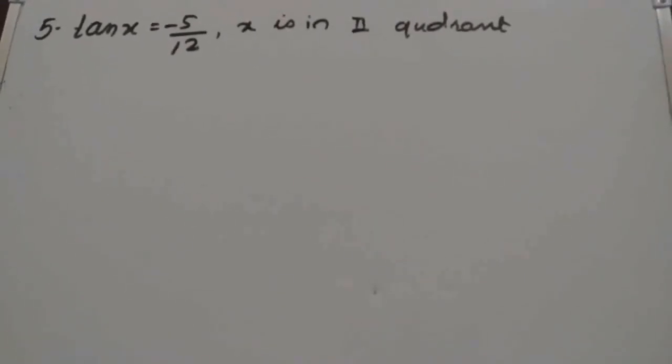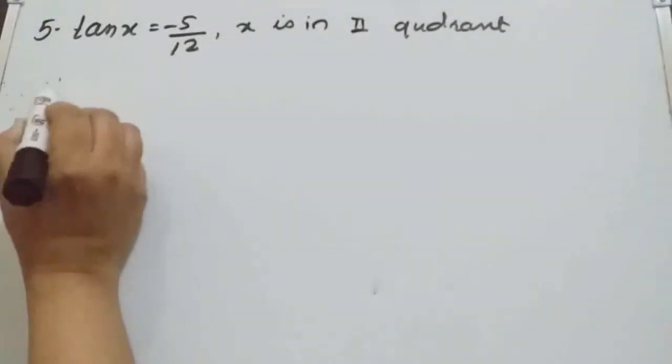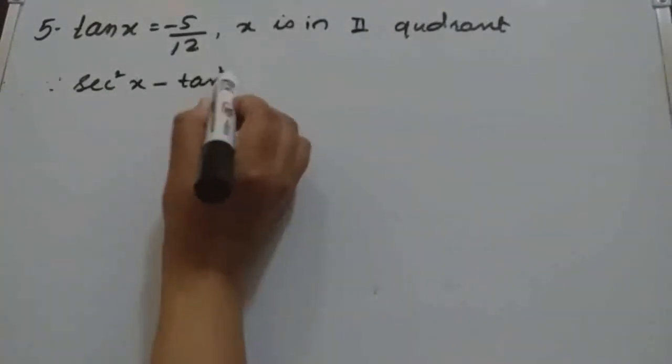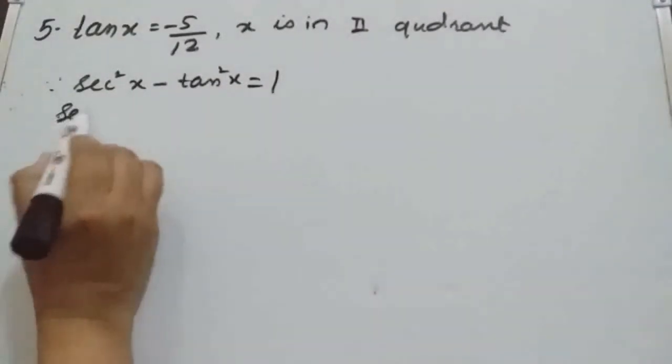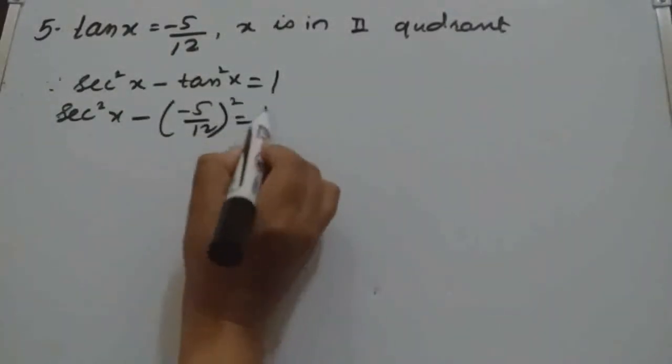Question 5. Tan x is given as minus 5 by 12, x is in the second quadrant. So we will use the identity in which tan x is there. So sec square x equals 1 plus tan square x, with tan as minus 5 by 12 squared.